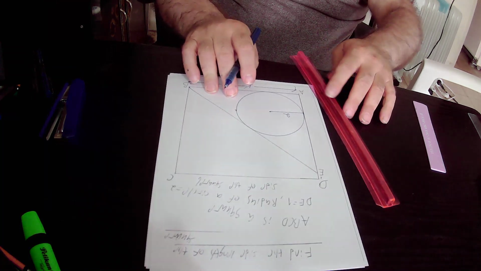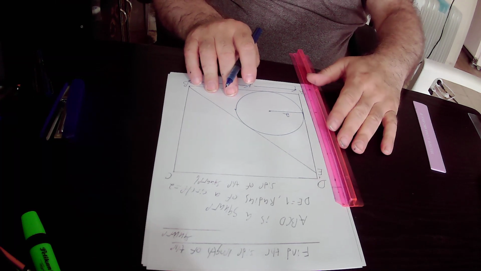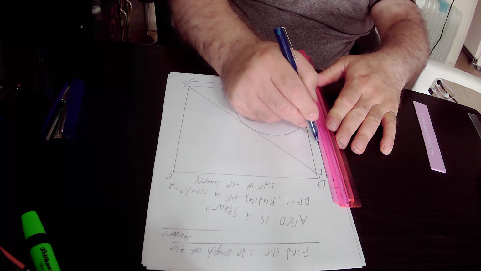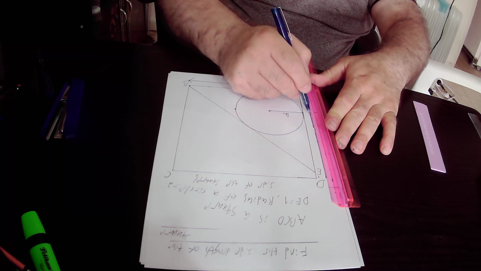The length of side DA of square ABCD is also equal to x.